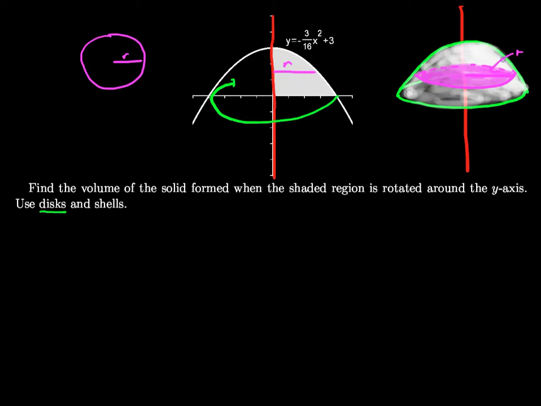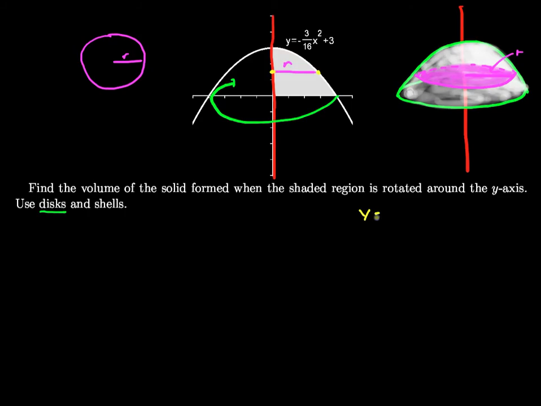This radius can be measured by the distance from 0 to the x value of this function, but I have the y value, so I need to solve for x. We saw that in the first problem, so I'll do that quickly.